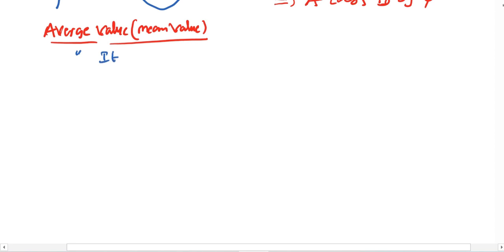It is defined as the steady current. Steady current means it is a DC current.